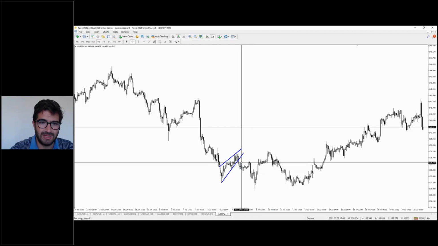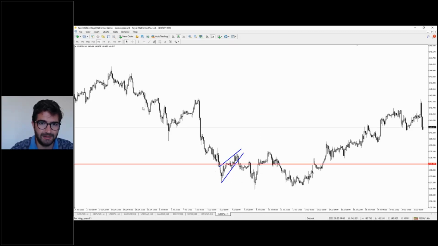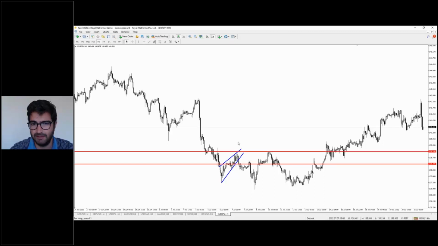You can sell at the breakout here. You have a breakout here. You can sell around here. Stop loss above the higher end of this wedge. Target profit, you will take the preceding wave before entering inside this.